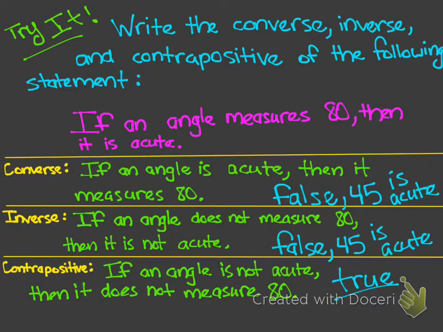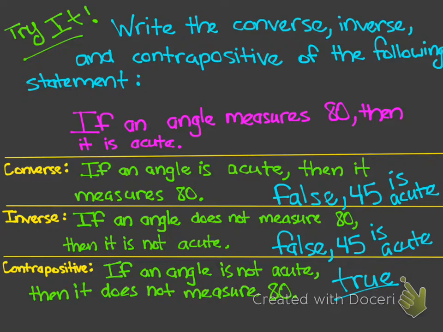Okay, so here are the answers to that try it problem. The converse would be, if an angle is acute, then it measures 80. That is going to be false. Sometimes it can measure 80, but anything between 0 and 90 is an acute angle. So for my counterexample, I just put 45 as acute, because if it is false in even one case, it's a false conditional. Alright, let's look at the inverse.